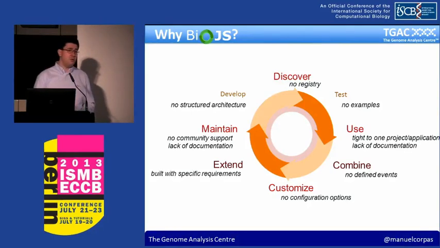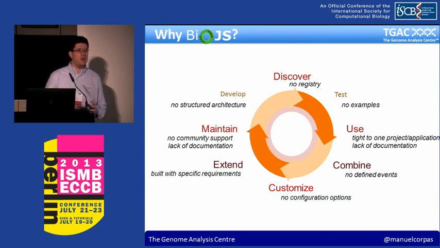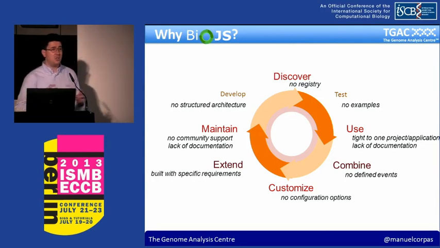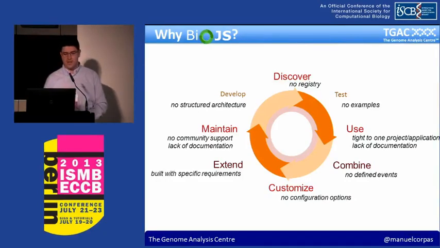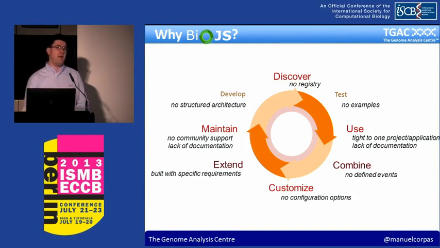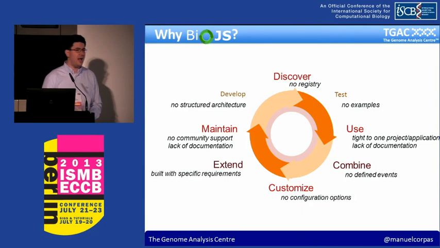I want to be able to combine existing functionality if I can, because that way I can have a better and richer application for my users. I want to be able to extend, and I want to be able to extend in a standard way. And I want that whenever I use one particular component, 3 years down the line, it still works somehow.